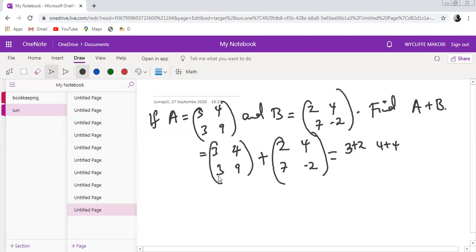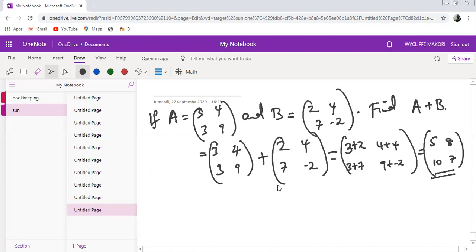Here, 3 corresponds to 7, so we have 3 plus 7, and 9 corresponds to negative 2, so it is 9 plus negative 2. So our final answer should be 5 here, this is 8, this is 10, and this is the same as 9 minus 2, which is 7. So this is the answer for A plus B.